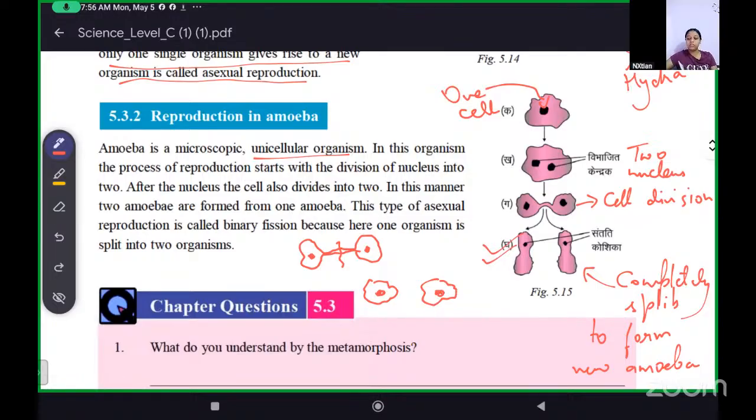Ma'am, normally it would show four steps, but why is it showing the cytoplasm splitting again? Shouldn't the nucleus split first? First only the nucleus splits, okay. Ma'am, in the last step, why is the cell elongated?